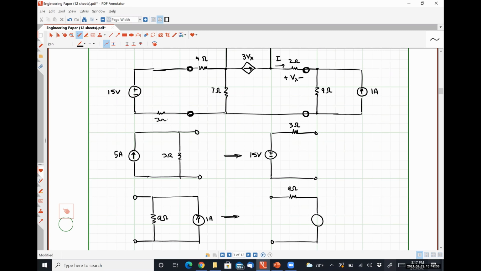It's less obvious, but they're all carrying the same exact current, right? If we apply Kirchhoff's current law, the current that leaves the 3 ohm resistor flows through the 15 volt source, and then through the 4 ohm resistor. They're all carrying the same current, so they have to be in series. There was no place for the current to branch off.